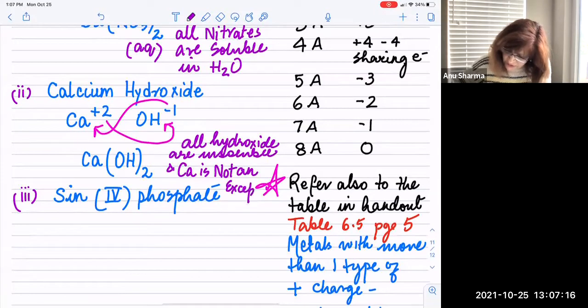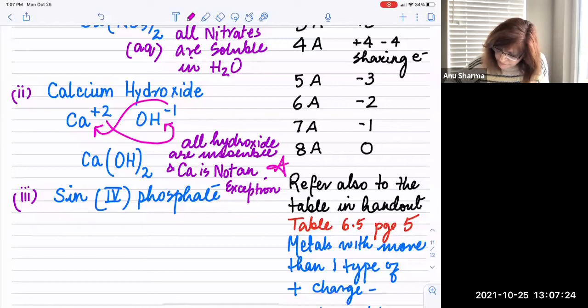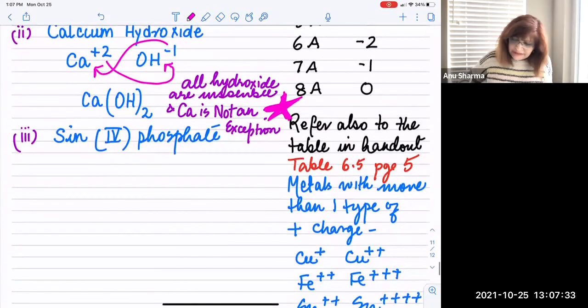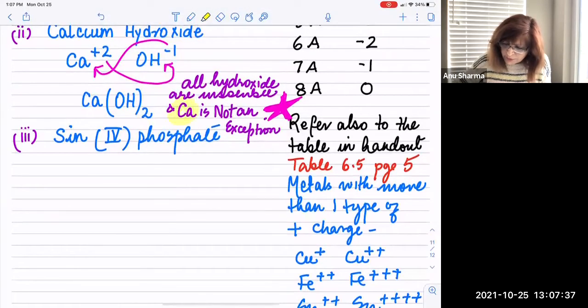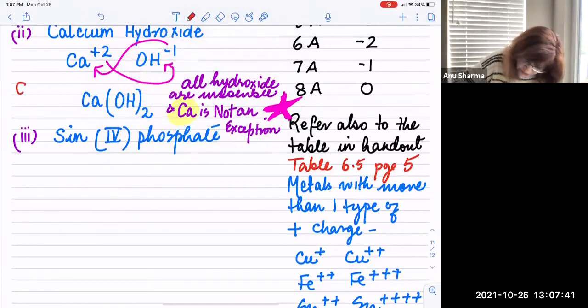So you need to start looking at the tables, you have to refer to that table. It's not falling in the exception, because calcium is in group 2A. Calcium is not group 1A.